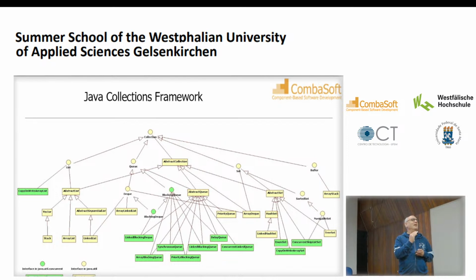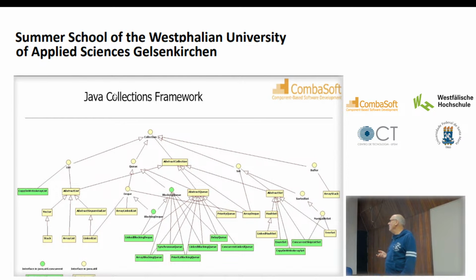Italic. Italic? Okay. So the difference in UML diagrams between an abstract class and a class is that the name is written in italic. I think it's a very bad solution, because you have to look very carefully whether it's abstract or not.